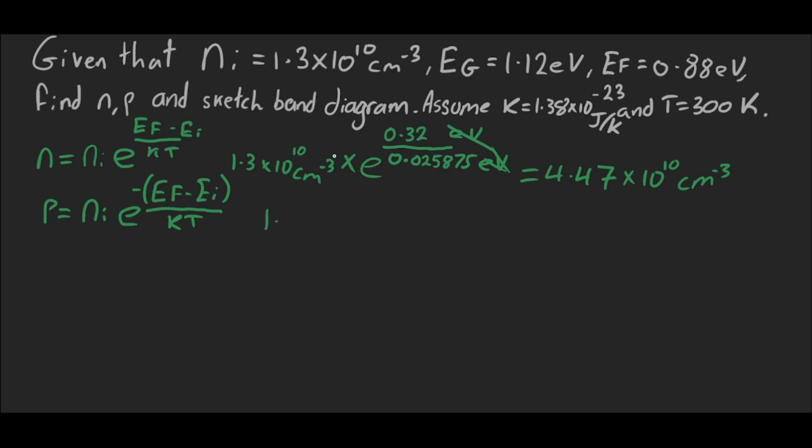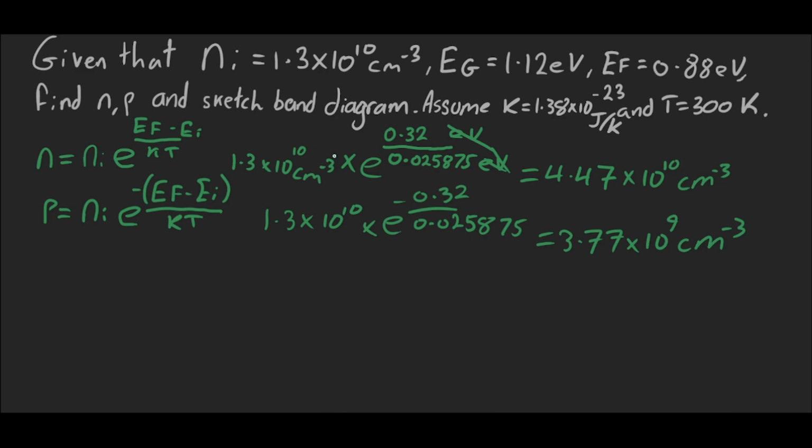So let's try this one: 1.3 times 10 to the power of 10 times e to the power of minus 0.32 over 0.025875. That will give us an answer of 3.77 times 10 to the power of 9 per cubic centimeter.